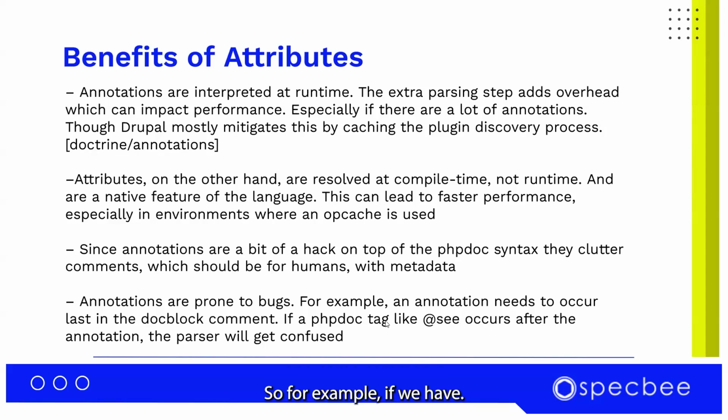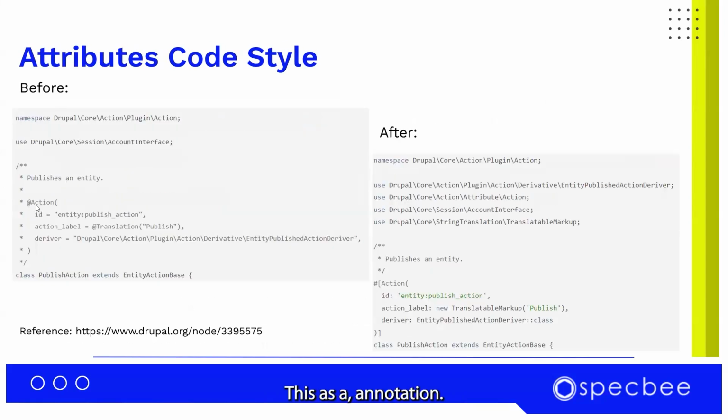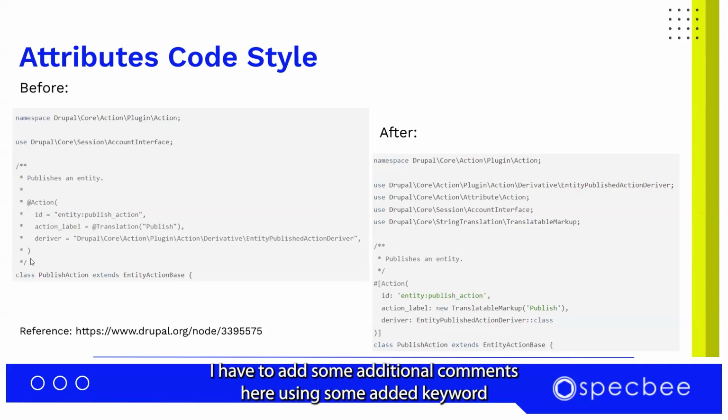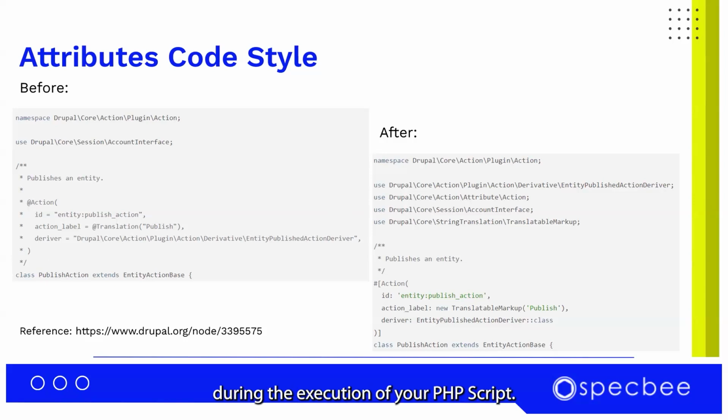For example, if we have this annotation, but right after completion of it I add some additional comments using some @ keyword, that will mislead the interpreter, the compiler, and it might fail and get confused during the execution of your PHP script.